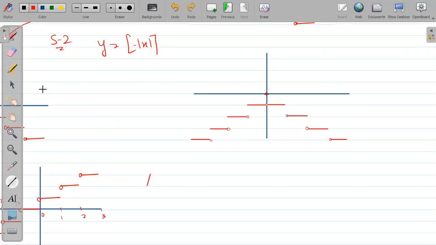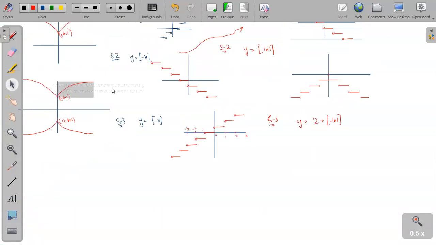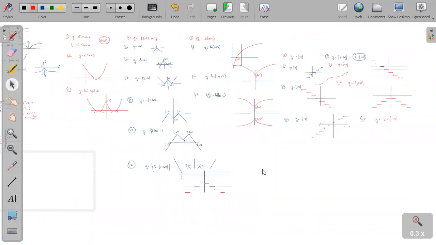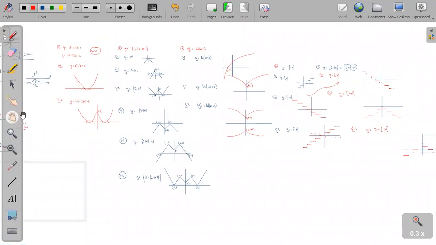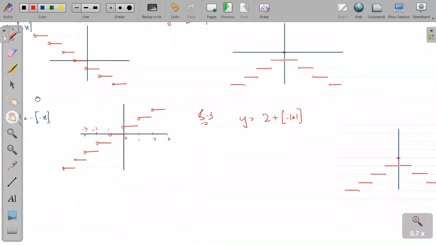In step number 3, hold the graph and shift it by 2 units in the upward side. So the graph you are getting like this.